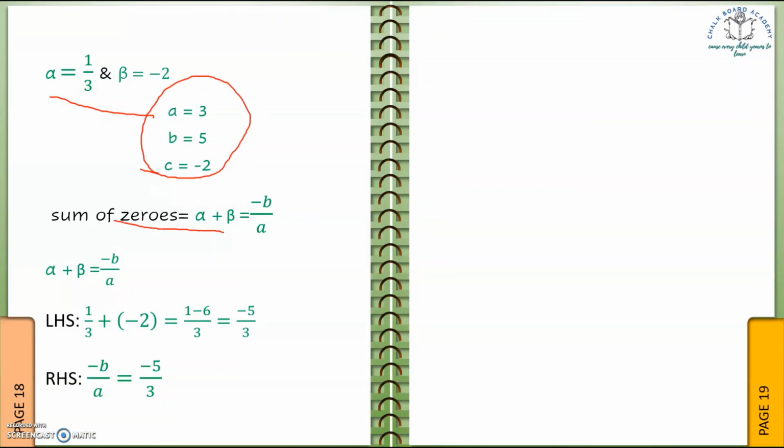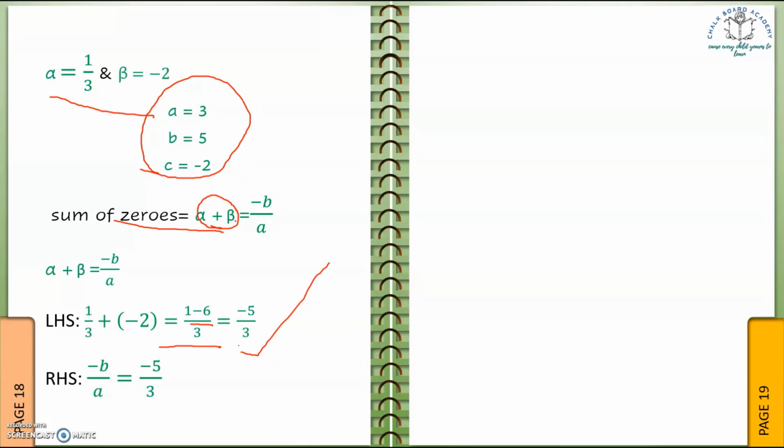So sum of zeros, that is alpha plus beta, is denoted by this formula, minus b by a. So let's look into LHS, that is alpha plus beta. Alpha was 1 by 3 and beta is -2. By calculating it, we get 1 by 3 minus 2, and by taking LCM, we get 1 minus 6 by 3, that is -5 by 3.